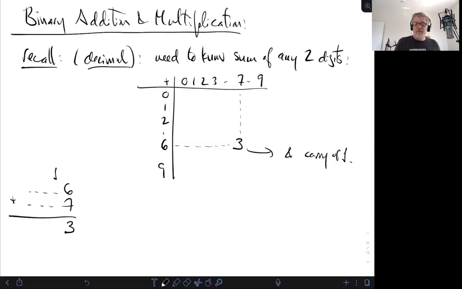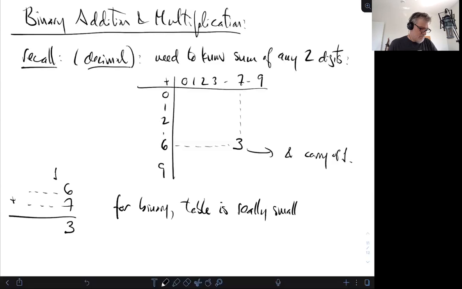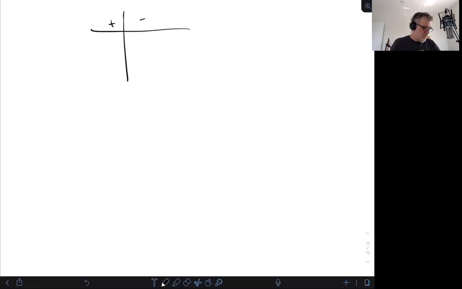Now for binary, there are only two digits, right? So actually it's kind of stupid, the table is super small. Okay, so let's take a look at the table. There are two digits, so here's the sum table for the digits, which are the bits.